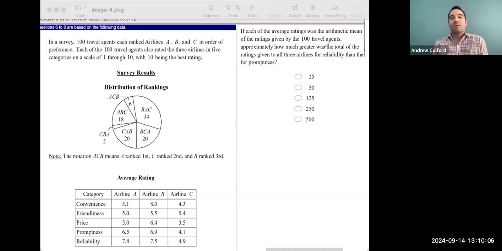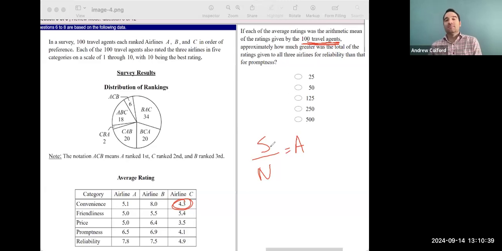Let's take, for instance, just to pick a random value right here, 4.3, which is airline C's rating for convenience. What this tells us is that every number in this table is the average of 100 travel agents. Going back to our average formula, the sum of the numbers divided by the number of numbers is equal to the average.